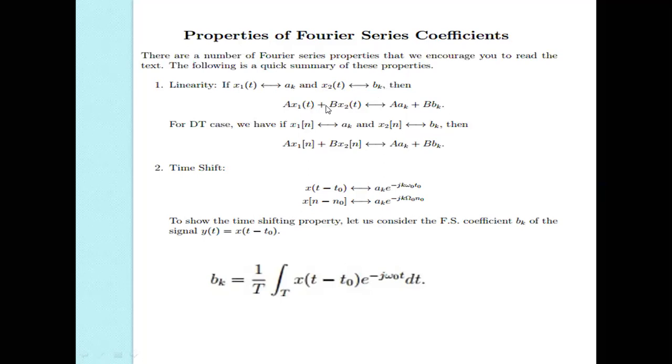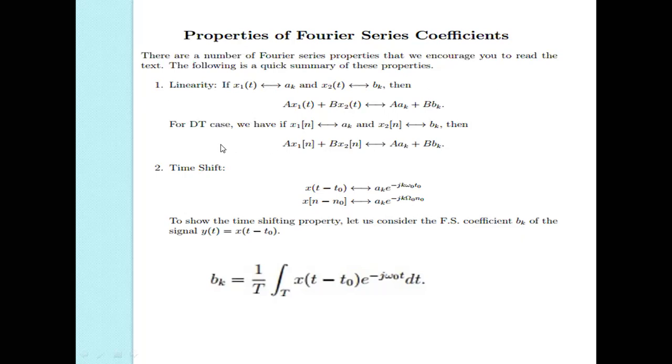A x1 of t plus b x2 of t has the Fourier series a times a of k plus b times b of k.